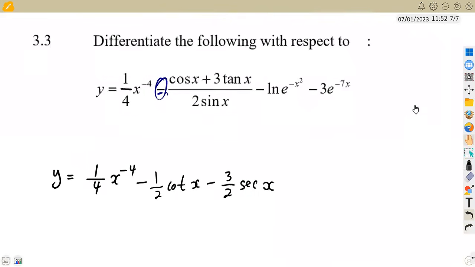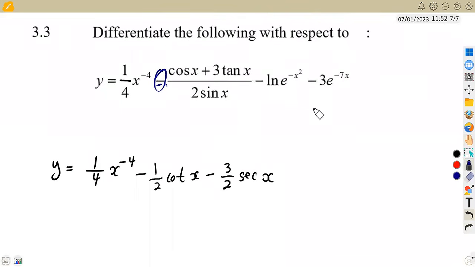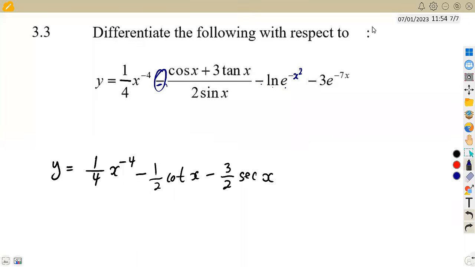Then now we move on to this part of our ln. We've got negative ln e to the exponent of negative x squared. So ln is a log, which means that we are going to drop our exponent, because ln follows the concept of a log. Remember what I said about applying the log, just dropping the exponent.